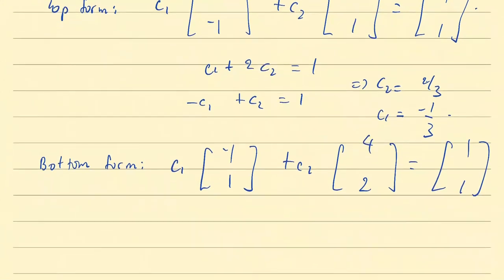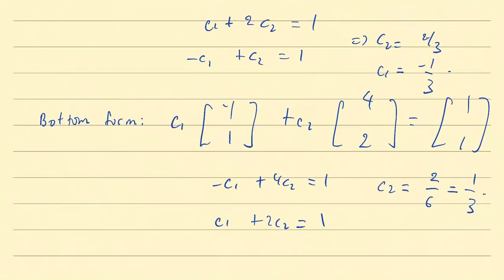So what do we get? We get -C1 plus 4C2 is 1, and C1 plus 2C2 is 1. So here you get C2 to be 2/6, which is 1/3. And then C1 is, what is it, 1/3.